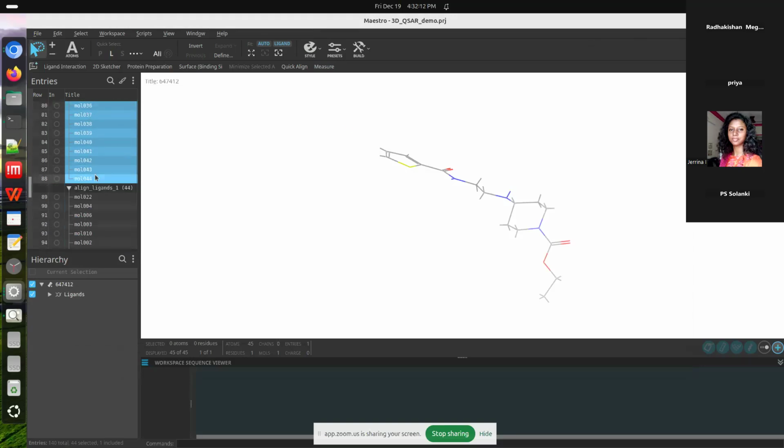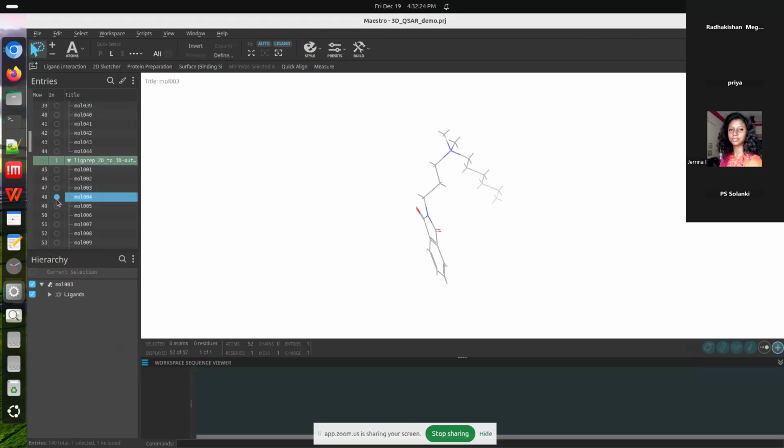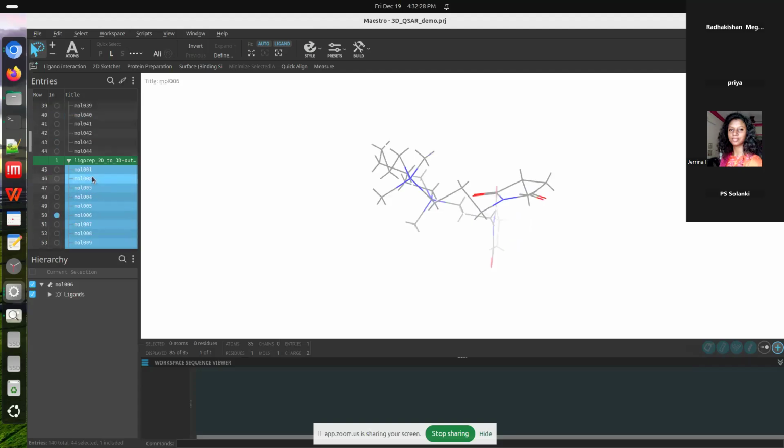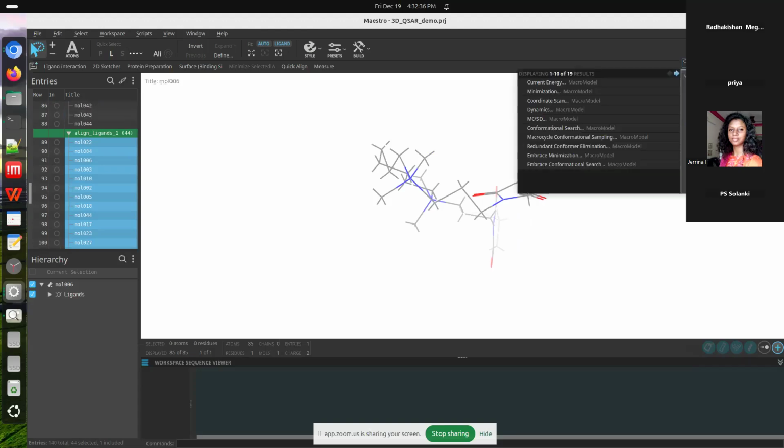Since your ligands are prepared, you can move to the alignment. When you see the ligands one by one, they are in different orientations, so you have to align them in order to do the QSAR. To do the alignment, you have to go to the task, just type align.